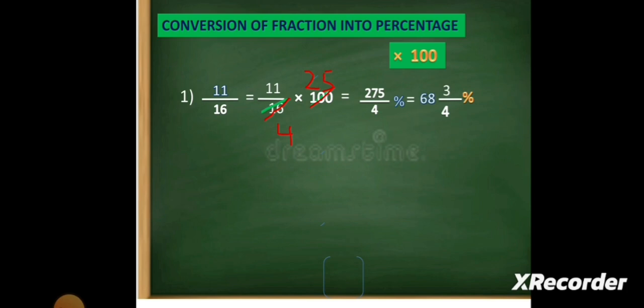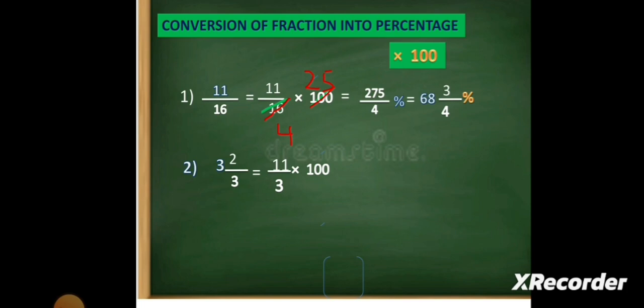Don't forget to put percent sign as we are converting fraction into percentage. See the next example. 3 2 upon 3. It is in mixed fraction. We will convert it into improper fraction first. That is 11 upon 3. and then we will multiply by 100.